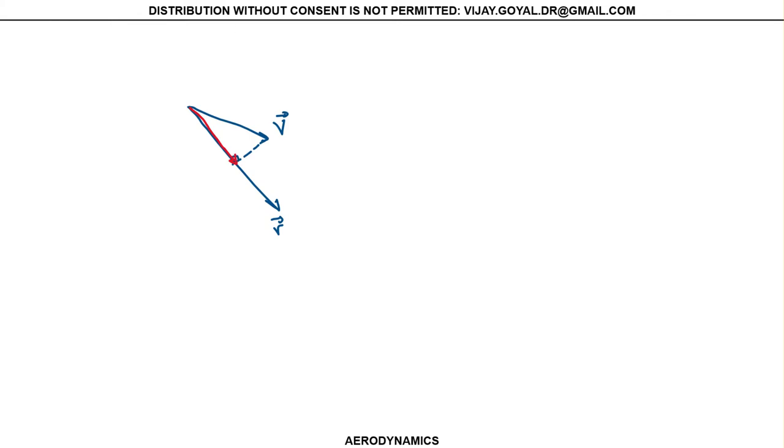So the first step in this problem is we can do a dot product, because the dot product will give me this magnitude, only the magnitude, a scalar.